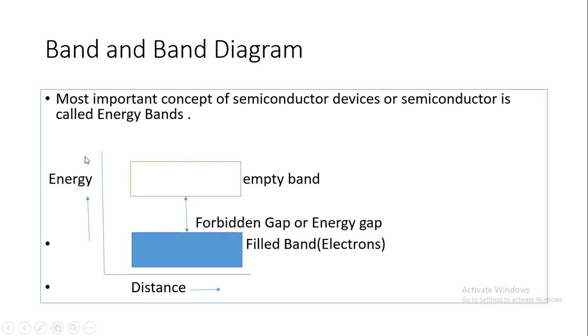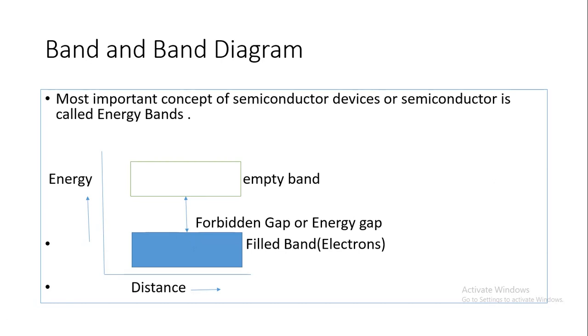You can see, guys, the y-axis is energy and the x-axis is distance. This is just an abstract model. This band is a filled band where electrons are there, and this is an empty band. In future we will call this band the valence band, this band the conduction band, and the separation between the two is known as the forbidden gap or energy gap.